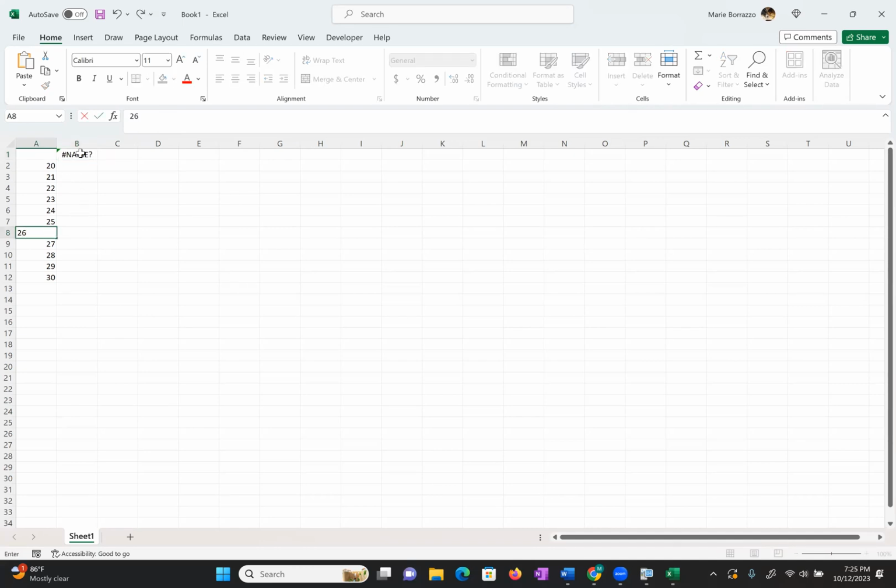Okay, so going back, this is A8. And then the next number was minus, and then we have the same A8 raised to the second power. And I actually forgot to raise this to the third power.